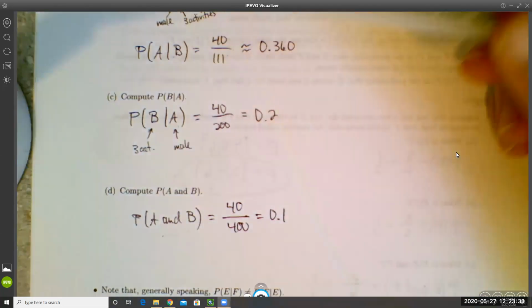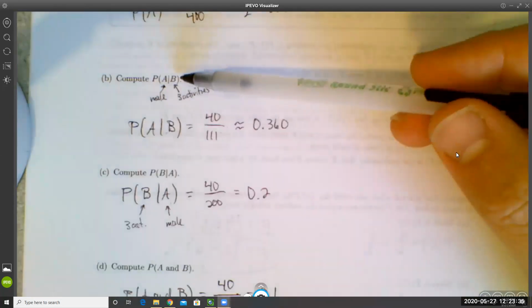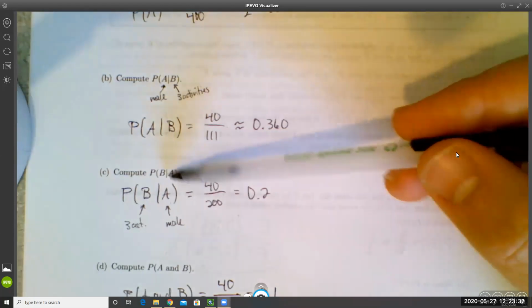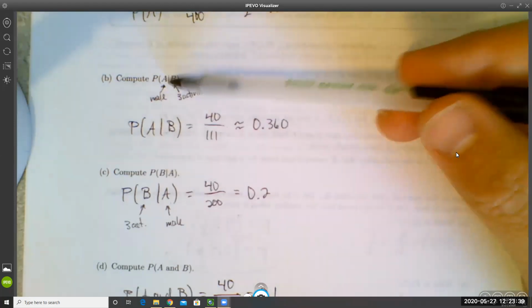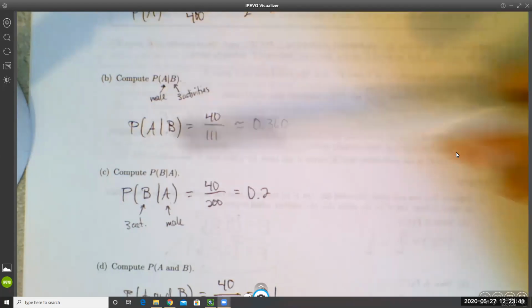One thing that you'll notice right away, that we pointed out, is that this operator, this conditional thing, this "given", is not commutative.